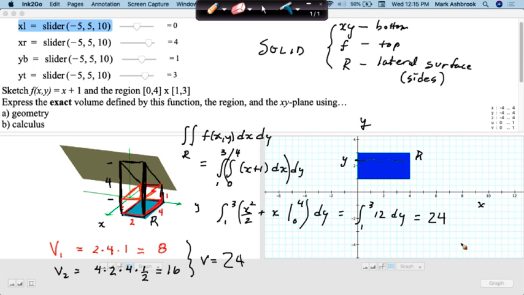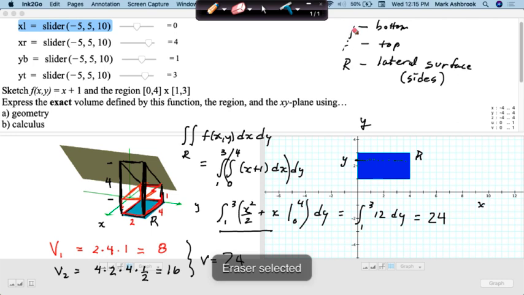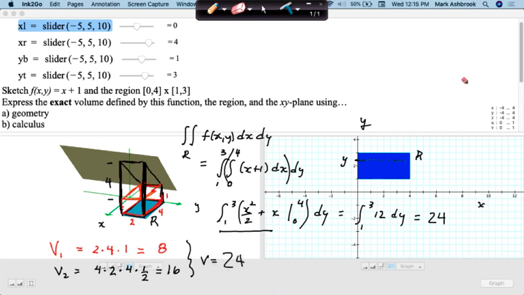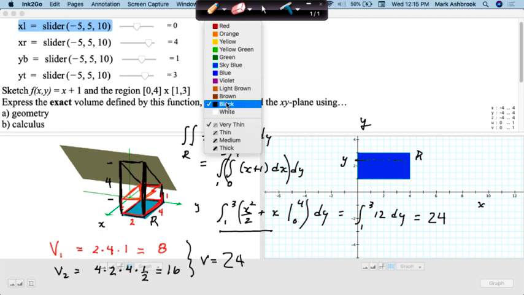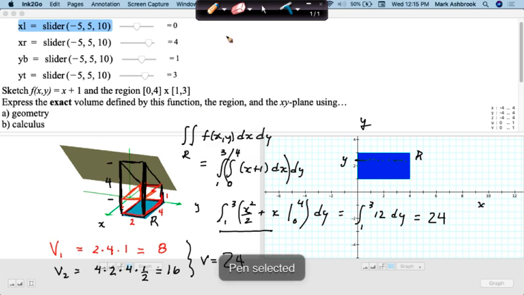Okay, if we were to do x plus 1, if we were to do dy first, let's just show that you get the same thing if you do dy first. So if you do y first, it's going to be from 1 to 3.